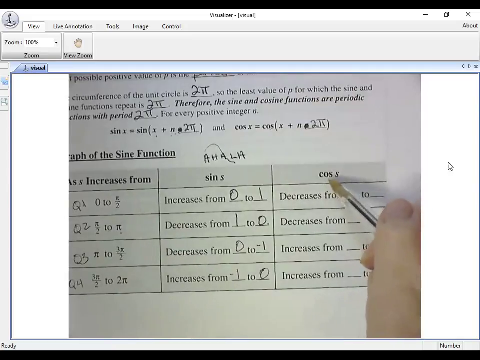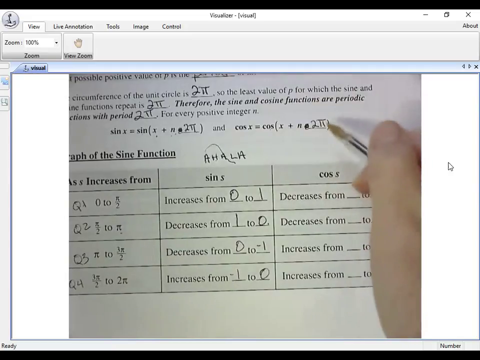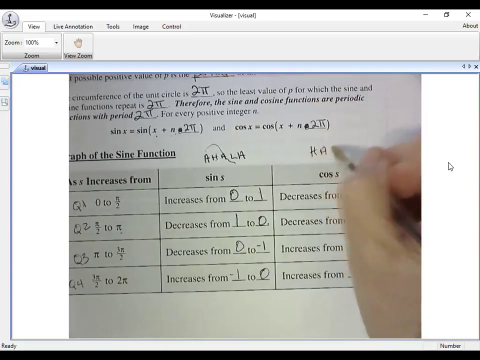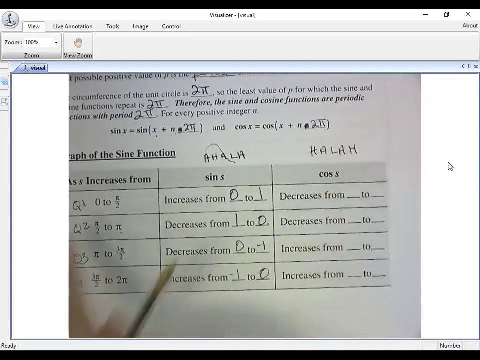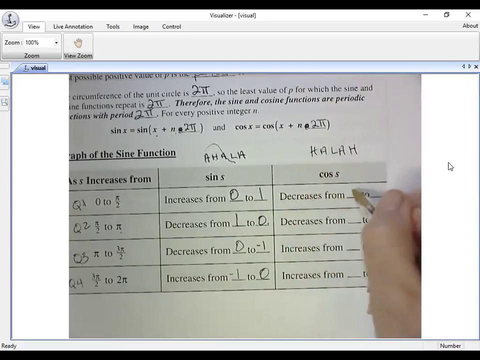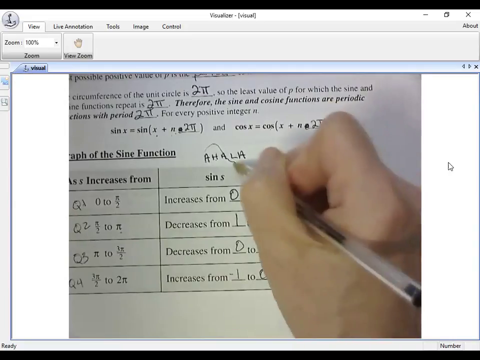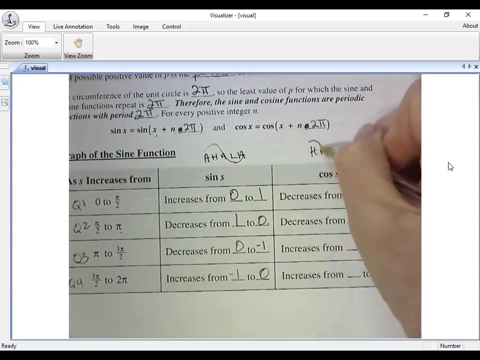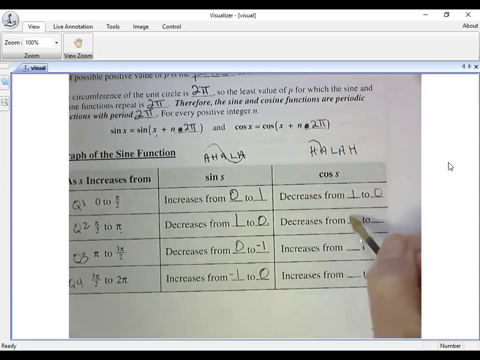With cosine, what is it we're supposed to remember? Hollow, which means in quadrant 1, we decrease from what? 1 to 0. Okay, so we start here and then we come back to the axis. Quadrant 2, we go from 0 to axis down to the low.